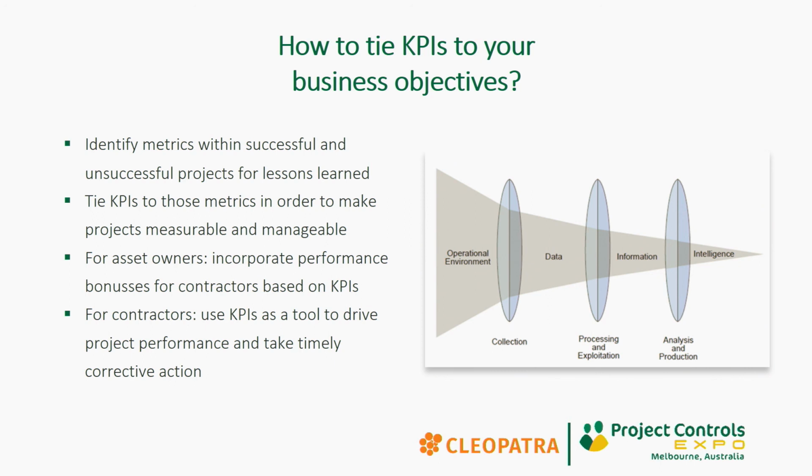I think that's very important, because if we're just managing on a lump sum project without getting the information back to the owners, you're never going to draw lessons from it and be more intelligent and more effective in the way you manage your projects.